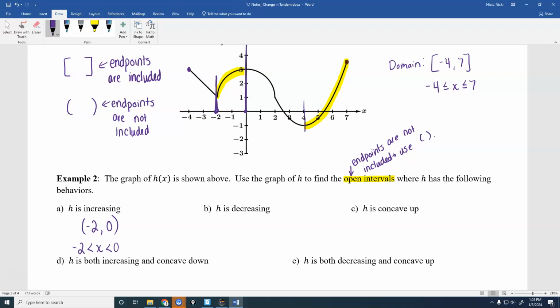We're also increasing right here on this section, which is from 4 to 7. So I'm going to use this U right here. That means union. So it means that we're combining these two to make our answer, and that is going to be 4 to 7. Or if you want to write it this way, you could do 4 less than x less than 7.